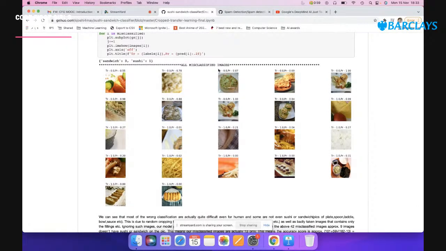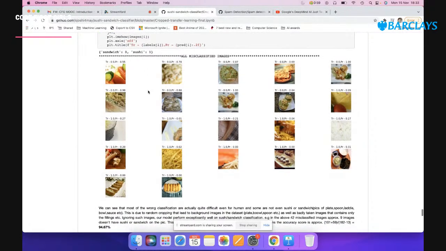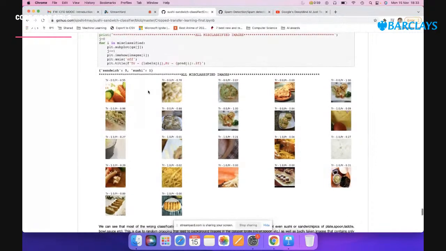The very first one: I collected images from Google for sandwich and sushi, to identify whether an image is a sandwich or sushi. I have used a CNN here to model it, and let's see how it works.